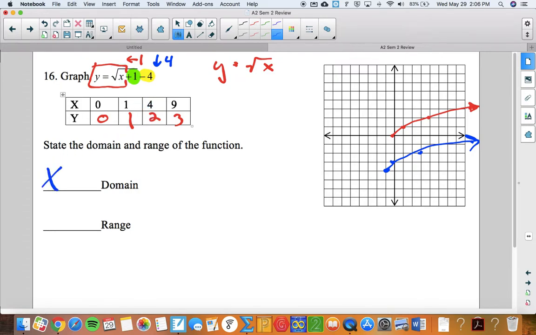So my x's have to be greater than or equal to, now not 0, now it's -1. And if you think about it, if you put a -1 plus 1, you get 0. You can actually square root the value 0. The range is all your y values. It looks like y hits -4 and then it goes up from there. So y is greater than or equal to -4. There we are. Bada bing, bada boom.